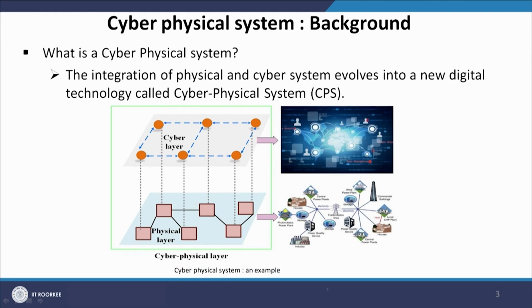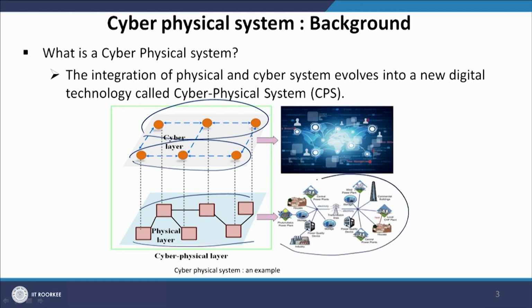Now, as you can see, these are my physical layers, and then we have cyber layers, probably most of the IoT devices, communication, data acquisition, and so on. From this network you can see that it is completely the physical generation, transmission, distribution, and then you have a top layer of communication platforms.